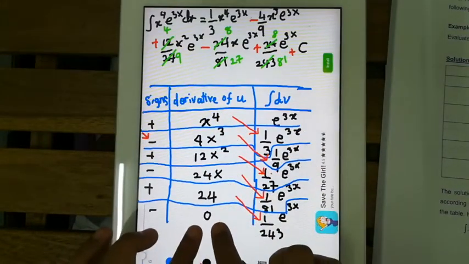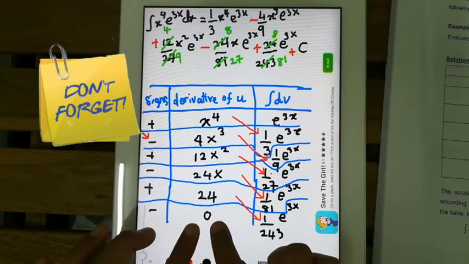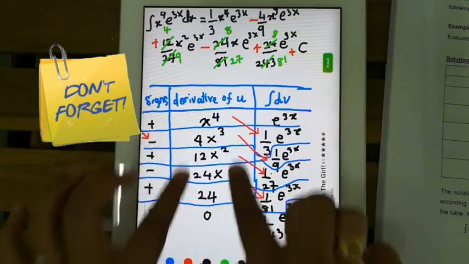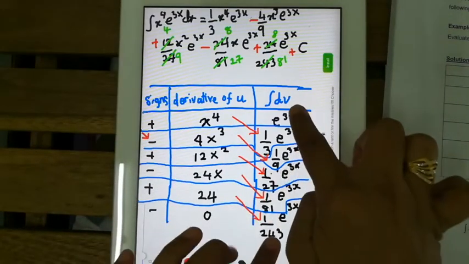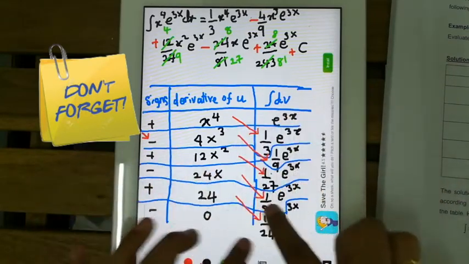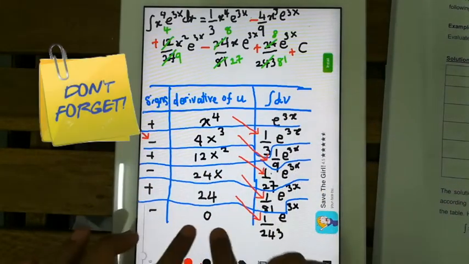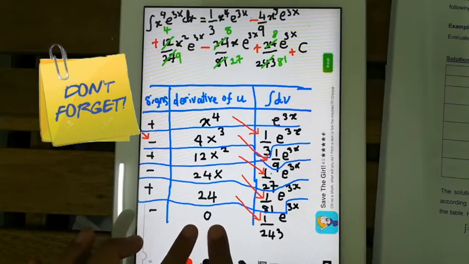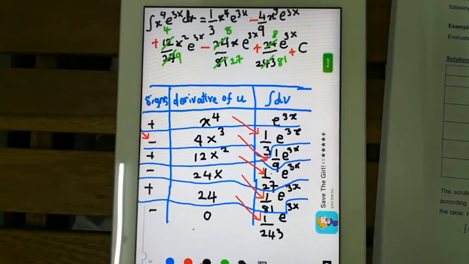That is where you should stop your differentiation process. For the dv, the integrating process, just follow it until the last line where the differentiation is 0. Is that clear? So let's have a look at another example.